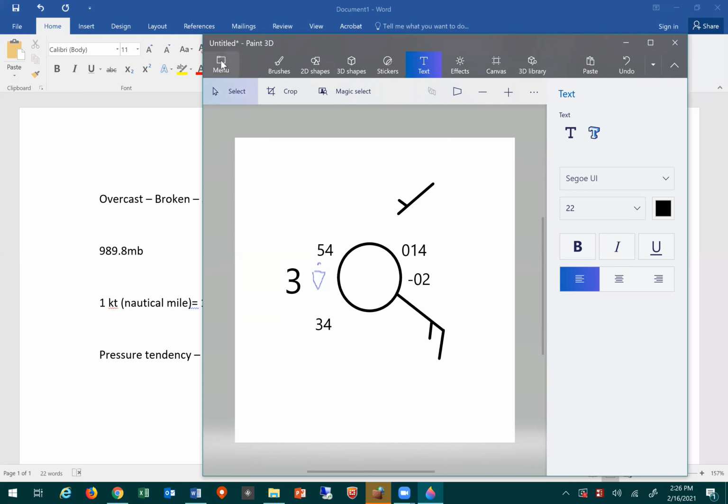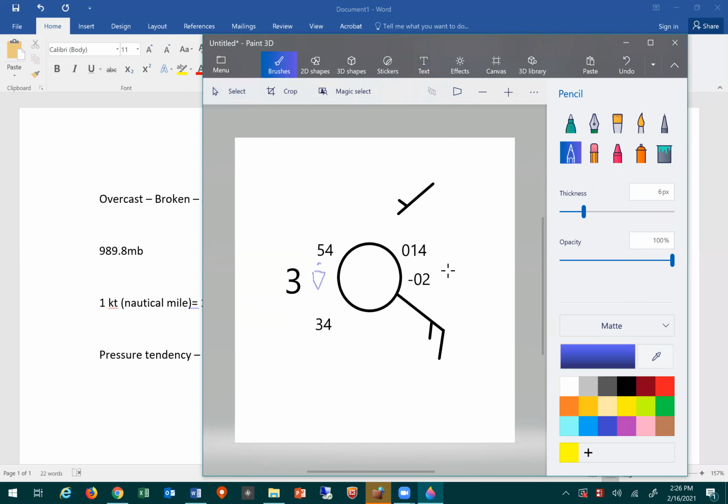Now next to it, you are going to also put a little symbol for what the pressure has done. So if it did something like this, I would say the pressure rose and then leveled off. That's a possibility. Or it could be this way. It went down and it started coming back up. Or actually, you'd probably see it more like this. By the way, this is called a check tendency. You should know that a check mark means the pressure went down and now it's coming back up.